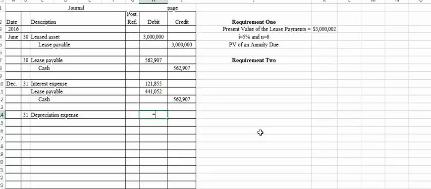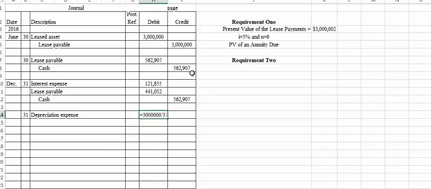It would be calculated as $3 million divided by 3 years, the useful life of the asset to Georgia Atlantic. But you guys, the asset's only been in service for 6 months. With this calculation, I took a full year's depreciation when the asset had only been in service 6 months.